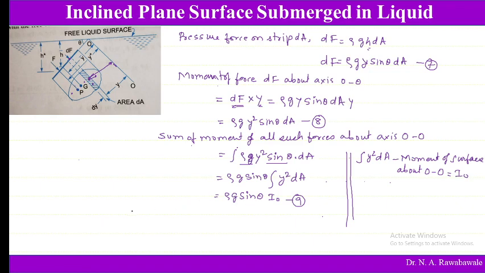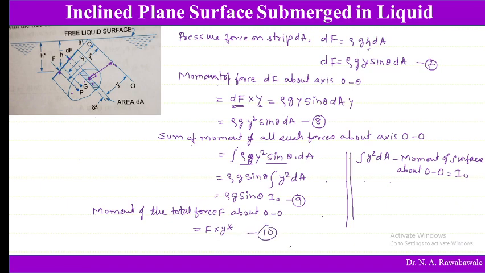So the moment of total force F about OO is given by force F into Y star, where F is acting at point P. So the distance of point P from this axis OO is Y star. So that is given by equation number 10.